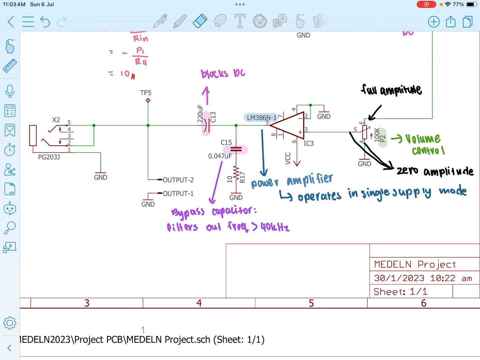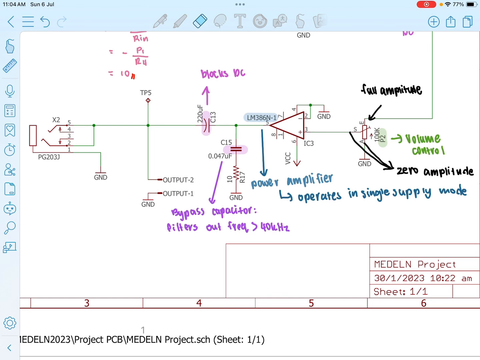Before the input reaches the IC, it passes through P2, a potentiometer acting as a volume control. Depending on how the potentiometer is adjusted, pin E receives the full signal amplitude when rotated in one direction, while pin A and S set the lower amplitude or ground reference, allowing smooth control over output volume.